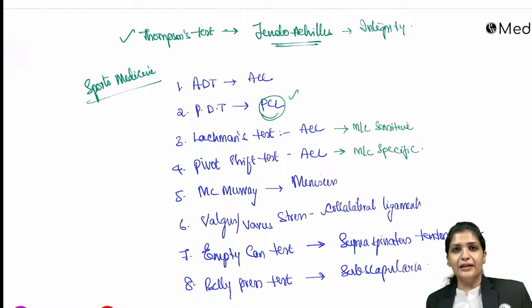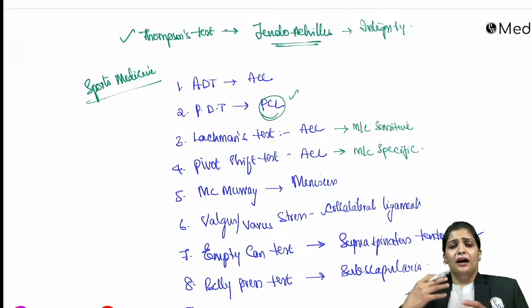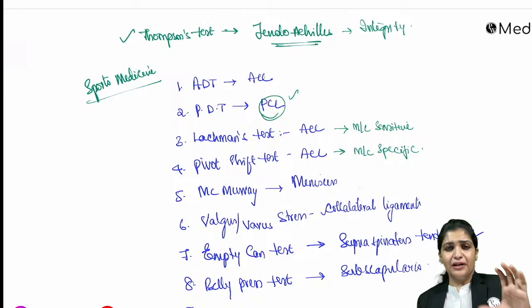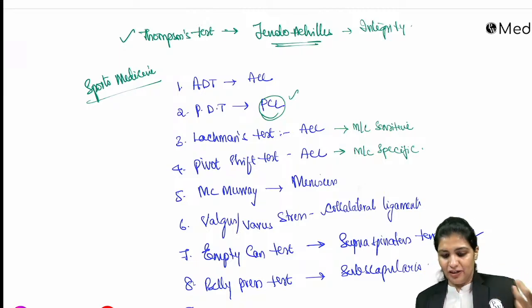So these are the important tests, and these are the various tests which can be asked in the exam. So mainly these are related for your knee and the shoulder. So these are the important tests which you can remember, and this could be again asked as a one-liner. So there are some 8 tests which we have discussed here, right?